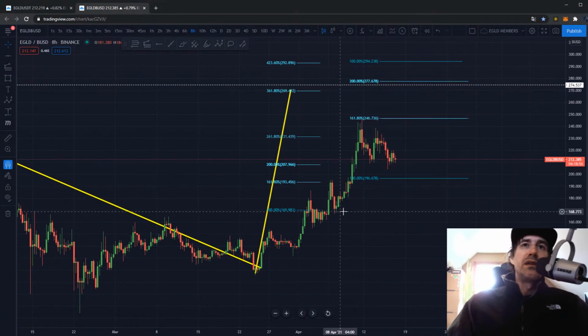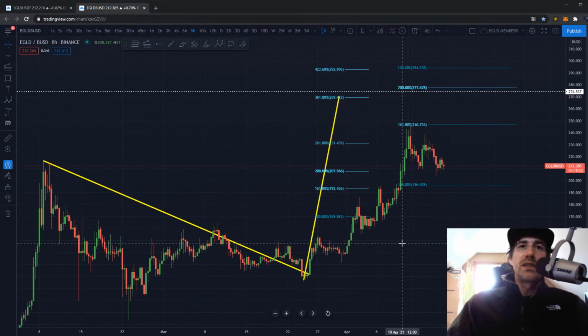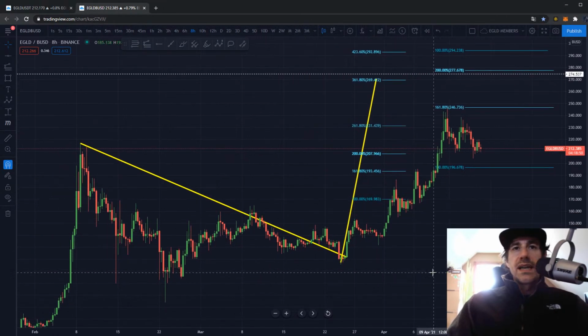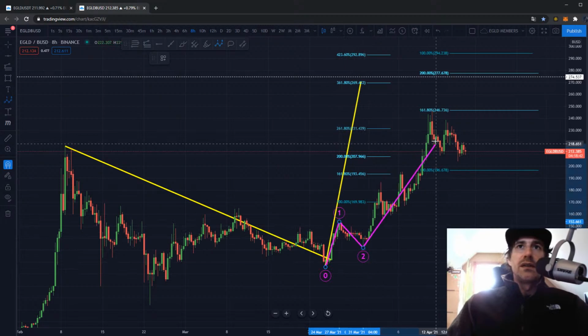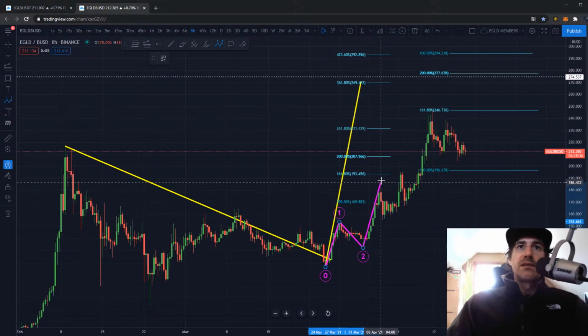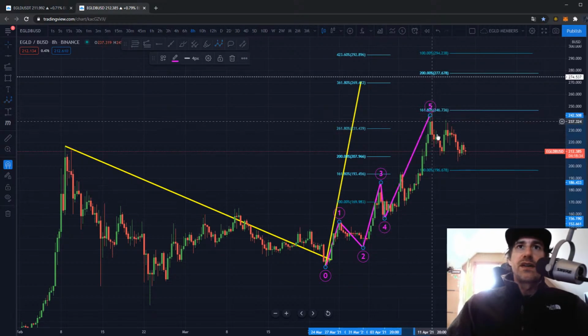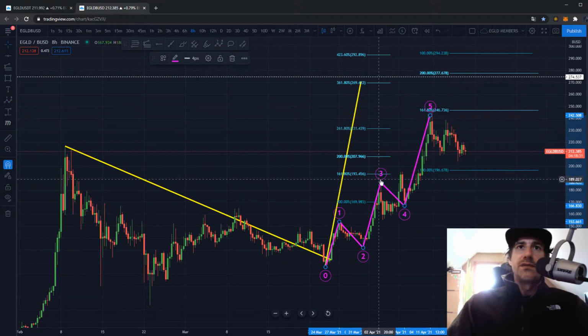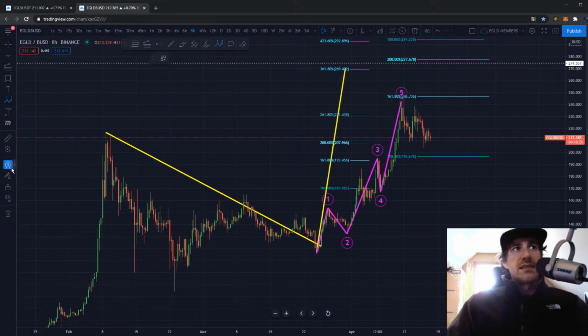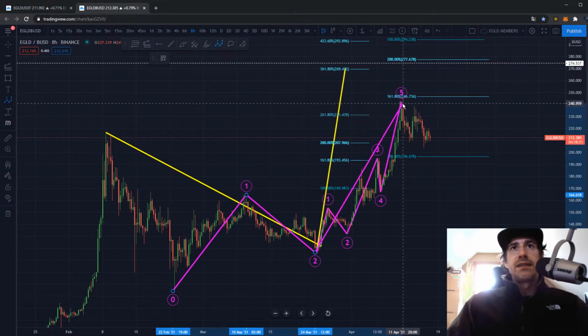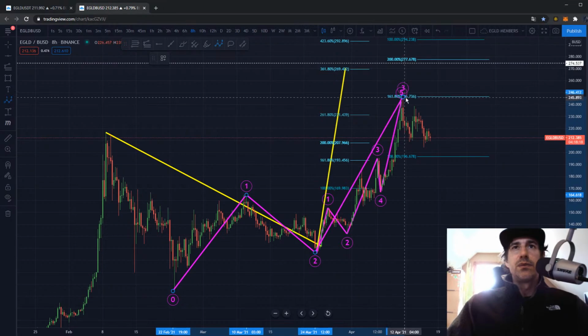It's too early to call those one here, because what happened, this is for sure a 1 2 3. I mean, it can be a 1 2 3 because this was the 161.8, but it's possible that 1 2 3 4 5 here, 1 2 3 4 5 from there. Okay, and we did this up there, and this is the top of the wave 3.